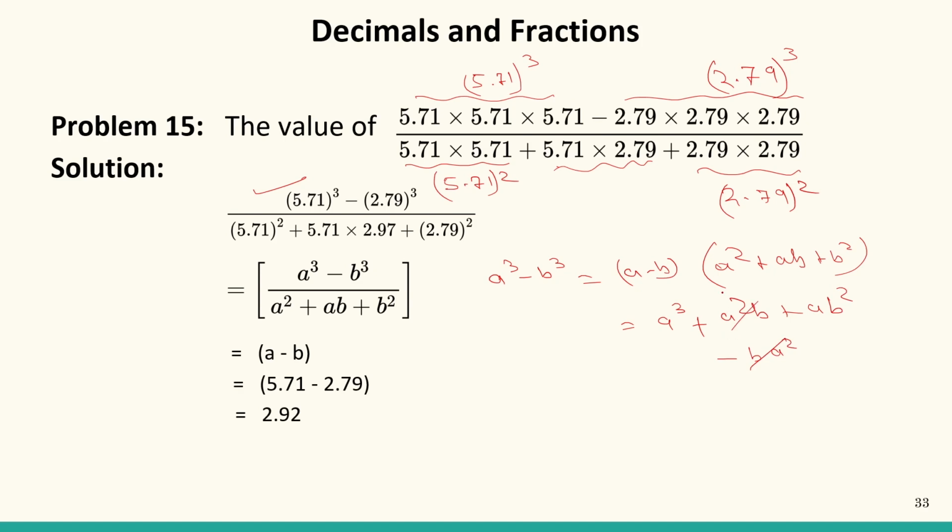So these two cancel each other out, and then minus ab square. These two cancel out, then minus b cube. So this is actually equal to a cube minus b cube. We have shown here. So a minus b, where a is 5.71 and b is 2.79. Subtracting 2.79 from 5.71, we are left with 2.92.